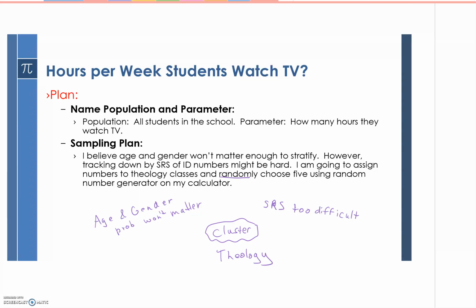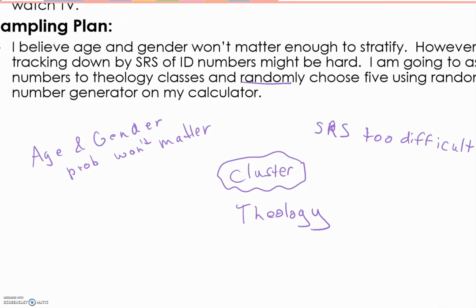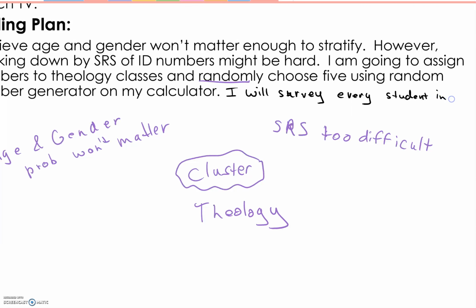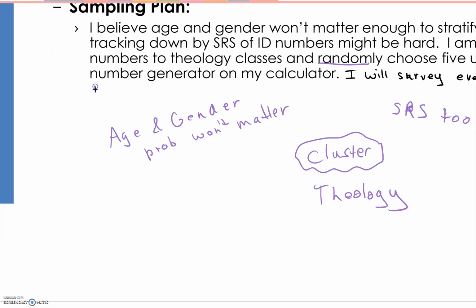The one thing I didn't include in here, and this is also important in my paragraph, so I should add this in, is I will survey every student in those theology classes.